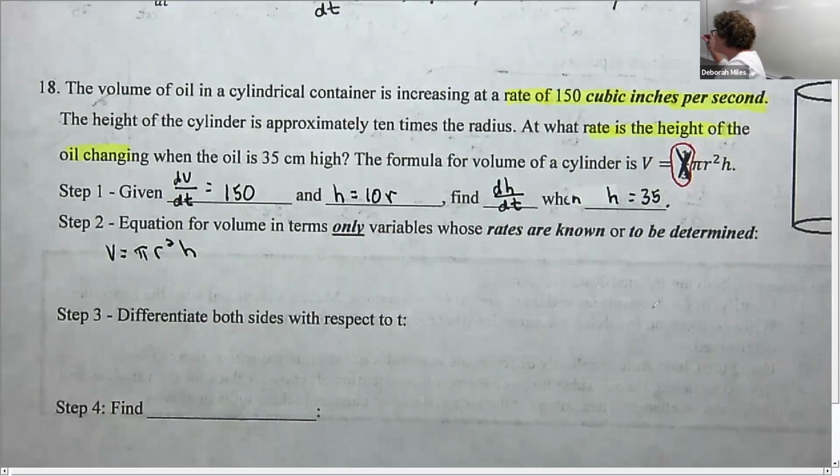Do we either know or are looking for all 3 rates? Which one rate do we know? Which is the volume. All right, we know the rate of change in the volume. And what rate are we looking for? Rate of change in the height.